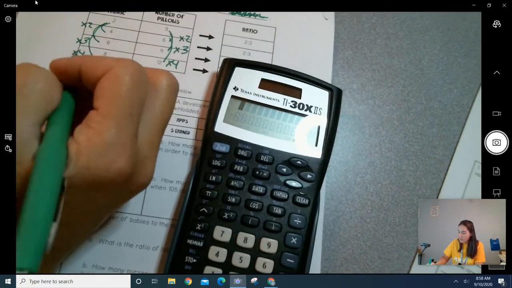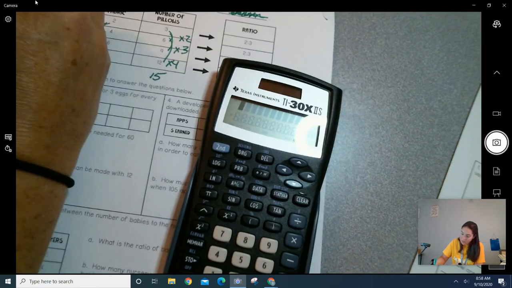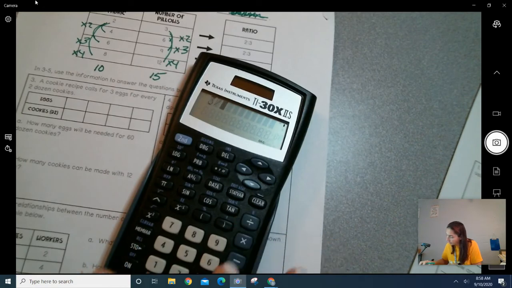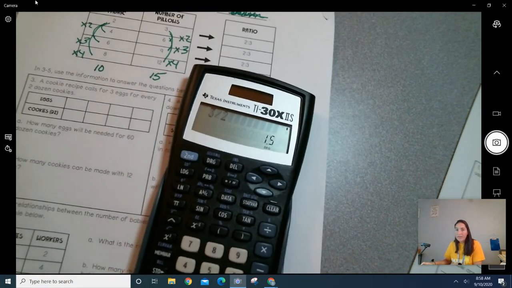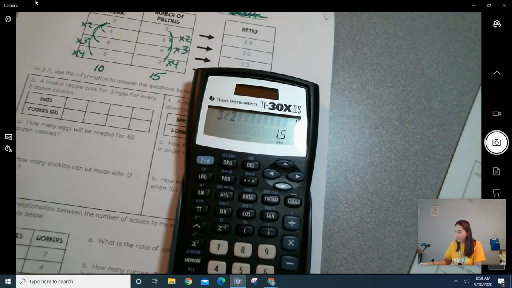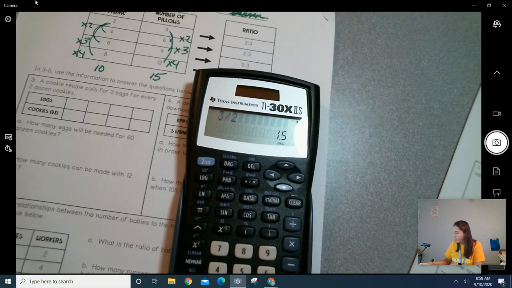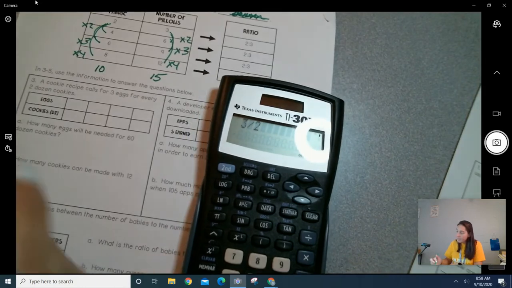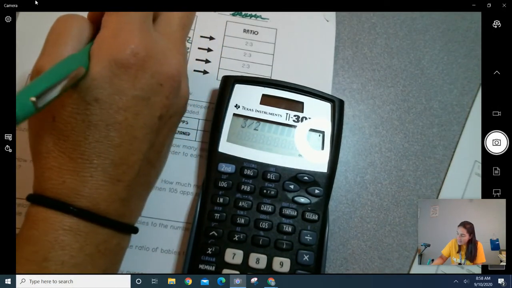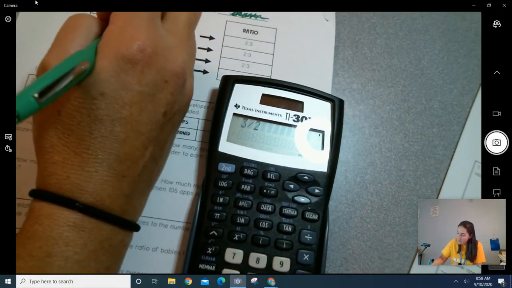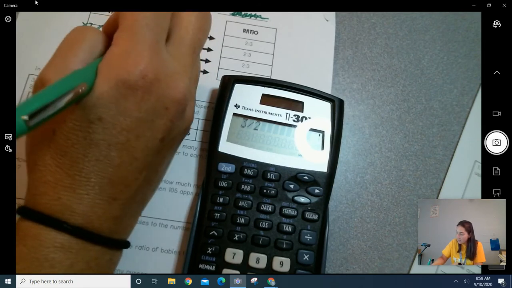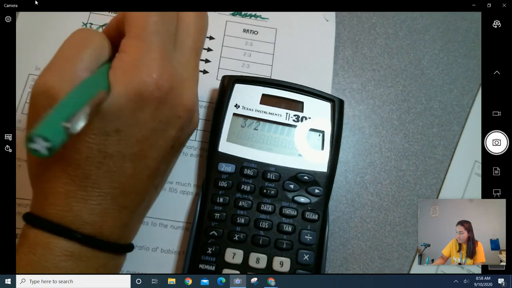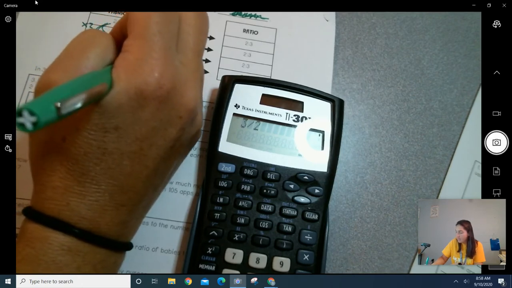So if I were to take 3 divided by 2, that gives me 1.5. 1.5 is what I get when I take 3 divided by 2. Basically, what that means is every single time, I can multiply by 1.5. And that gives me this missing piece.